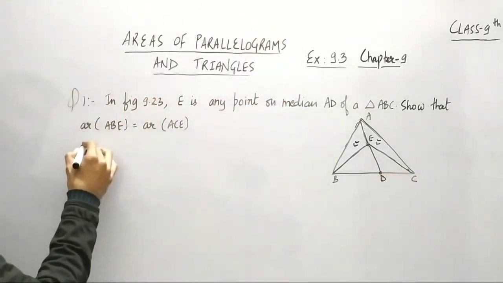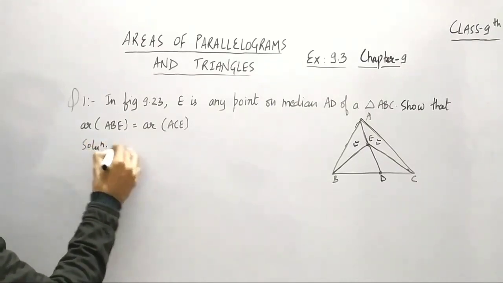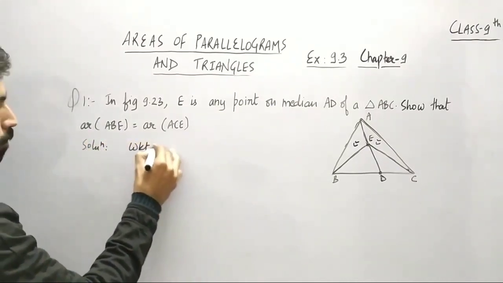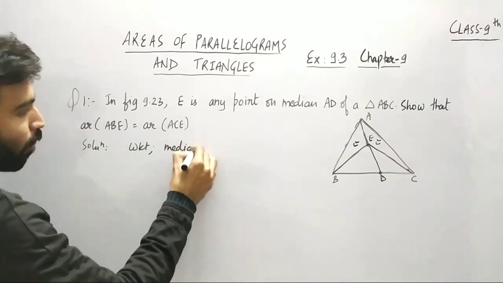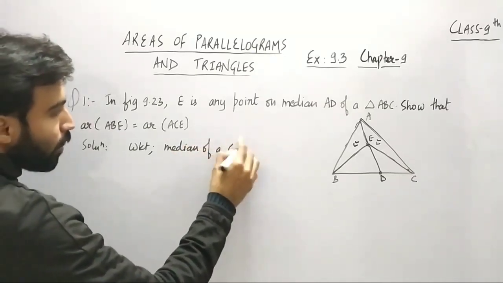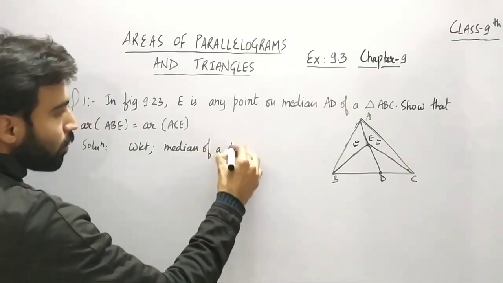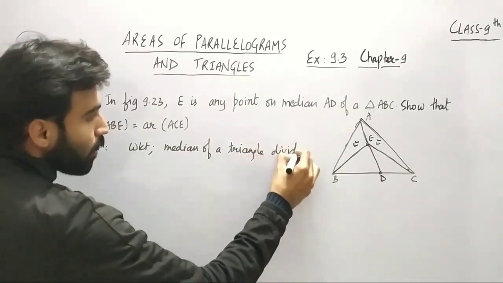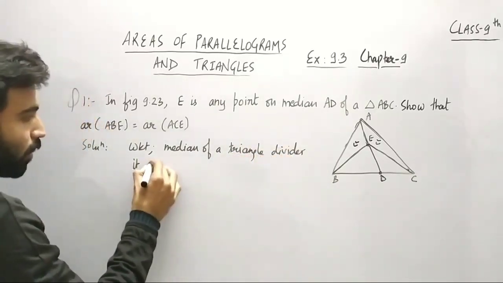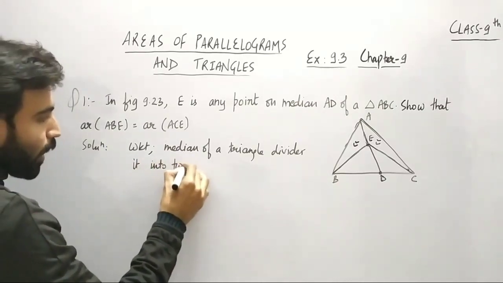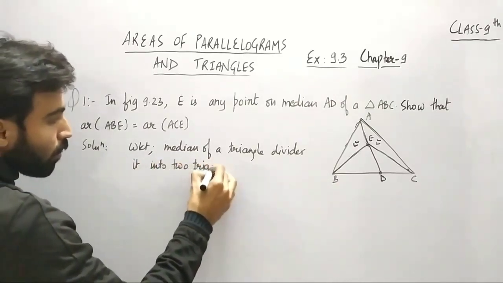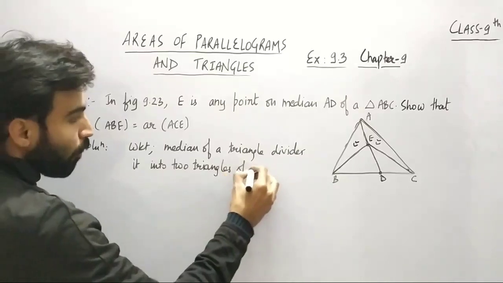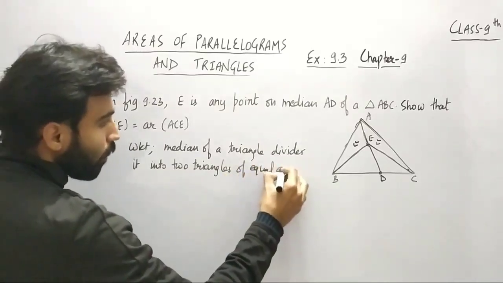So starting off my solution here. We know that the median of a triangle, let me just write that clearly, divides it into two triangles of equal area, right?